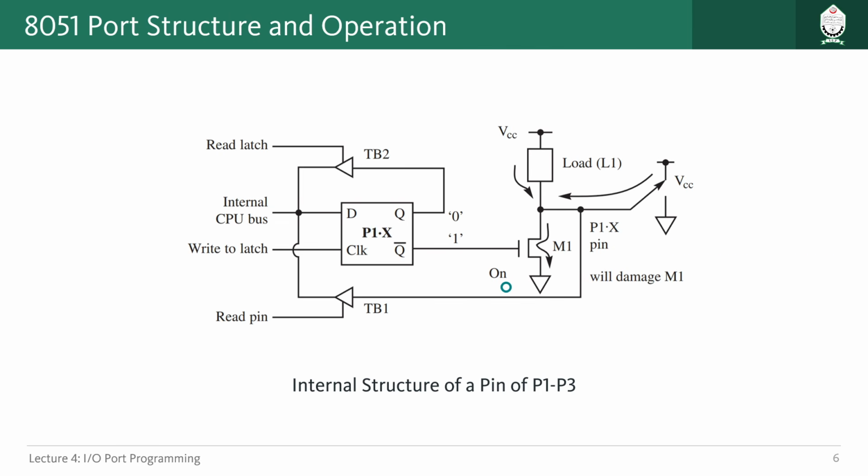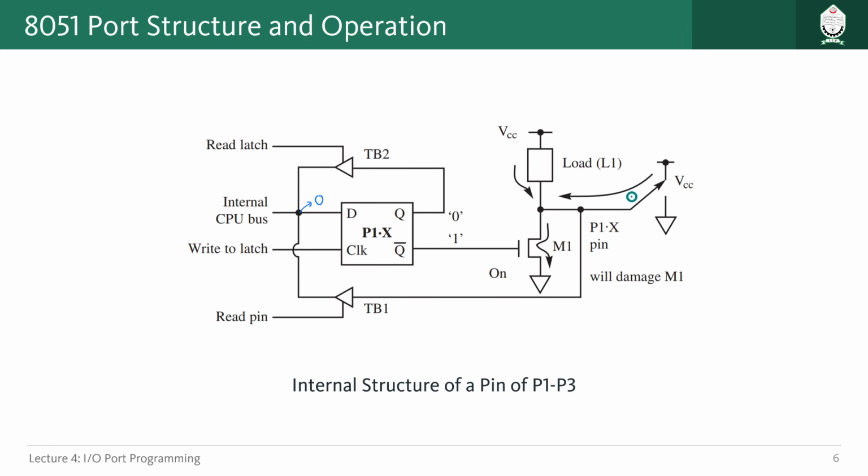So if that happens, you see we have given actually 0 here. After writing to latch, it will come here at Q, and Q bar will be 1. That will turn on our MOSFET, and this path will be essentially shorted to the ground. And at that condition, if you have any signal, like in this particular signal, we have a switch which can be turned to 5 volt or VCC or to ground, and currently it is connected to 5 volt or VCC.